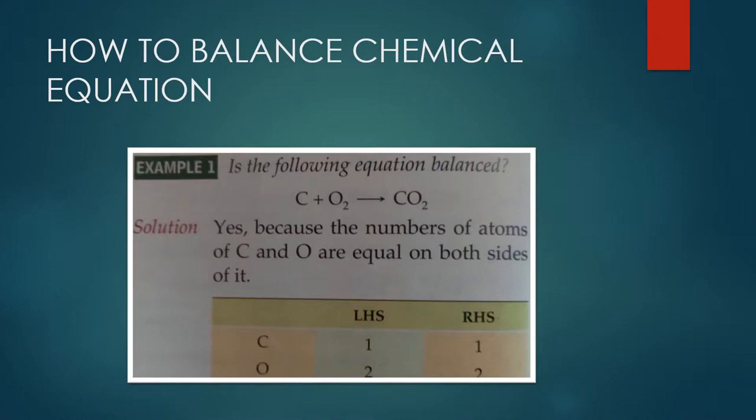Yes, because the number of atoms of carbon and oxygen are equal on the left hand side as well as on the right hand side. You can count them and write in a tabular format. Then you will see both of the atoms are equal on both sides. So you can say this equation is balanced.